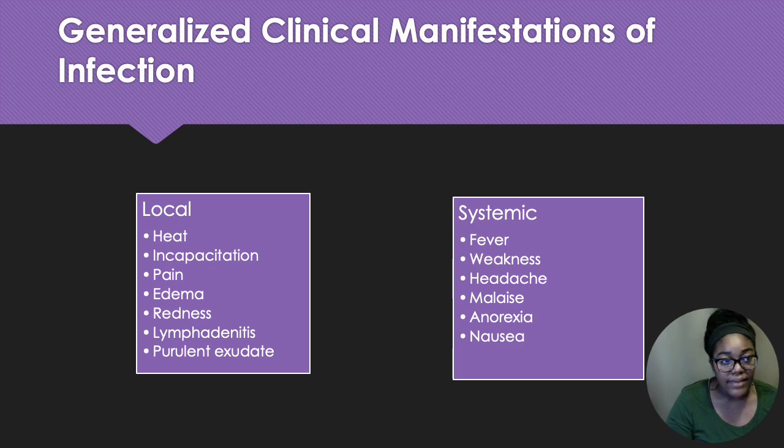These are all local manifestations of an infection. Then you move into systemic manifestations, and that's your fever, weakness, headache, malaise, anorexia, and nausea. So again, note the difference between local manifestations of infection, which do mimic that of the inflammation response, and also understand what's a systemic manifestation of infection.